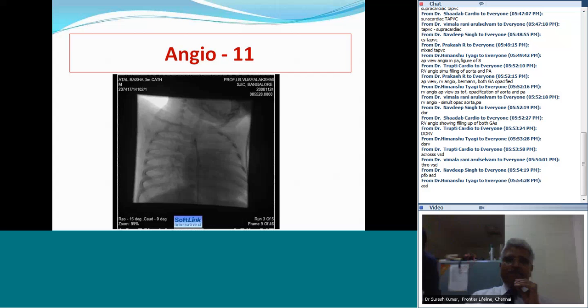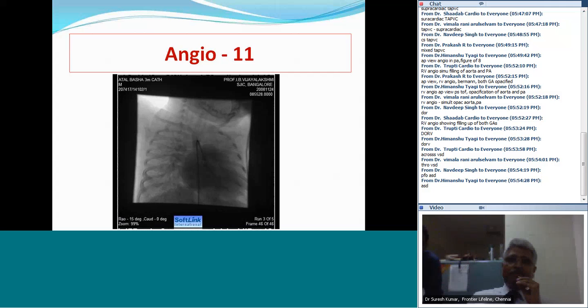So obviously we've been talking about Alagille syndrome. What are the features of Alagille syndrome? We know that one of the features is peripheral PS. What are the other features of Alagille syndrome? Non-cardiac, biliary, correct. So cholestatic jaundice, biliary atresia. Vertebral anomalies, good.